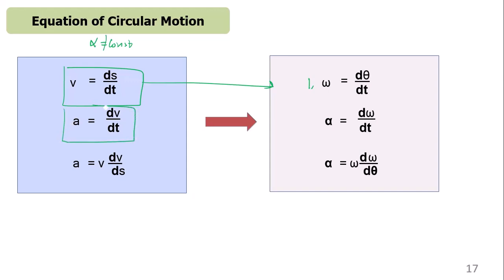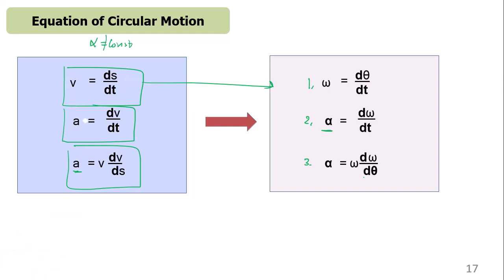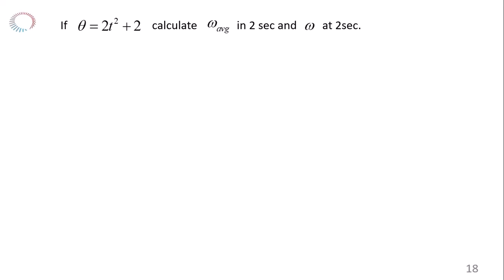Acceleration equals dv/dt, that means the angular acceleration alpha equals d omega/dt. And the third one is alpha equals omega d omega/d theta, as a equals v dv/ds. So these sets of equations are to be used only when your acceleration is not constant. It is variable. Whenever alpha is variable, then only we should go for these equations. Logic remains the same.